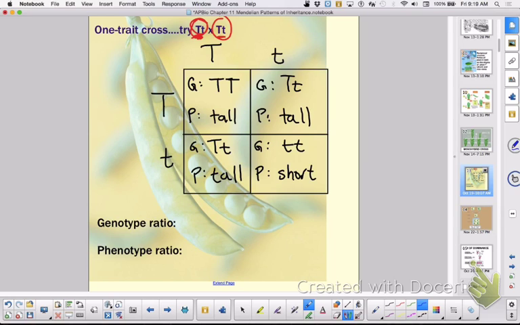Big T, big T. So my genotype ratio is 1 big T, big T. What's going to go next? 2 big T, little t, and 1 little t, little t. How many different phenotypes do I have up here? 2. What's my ratio? Say 3 tall to 1 short.